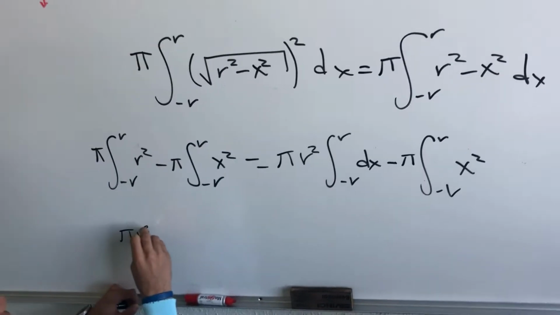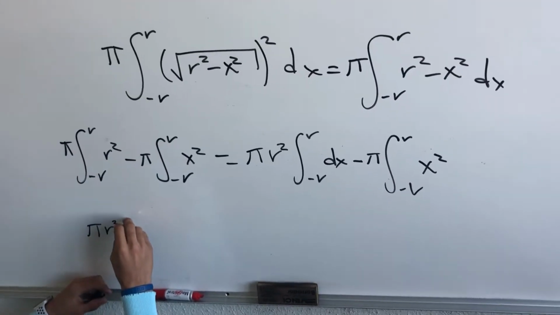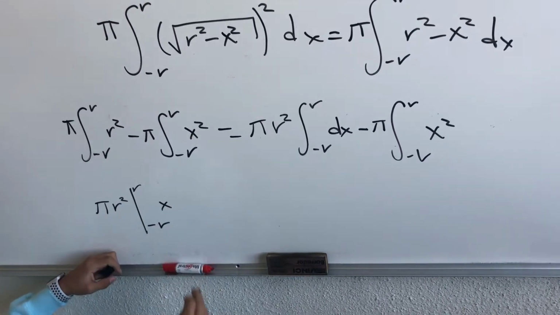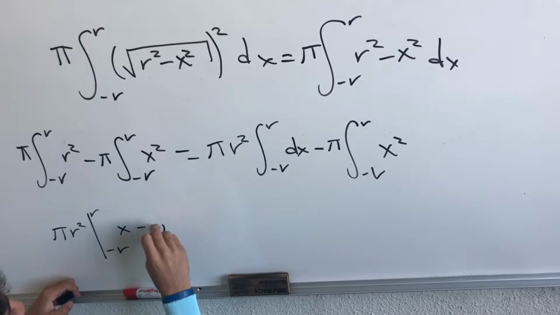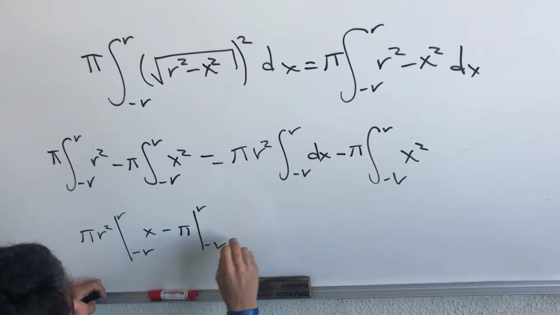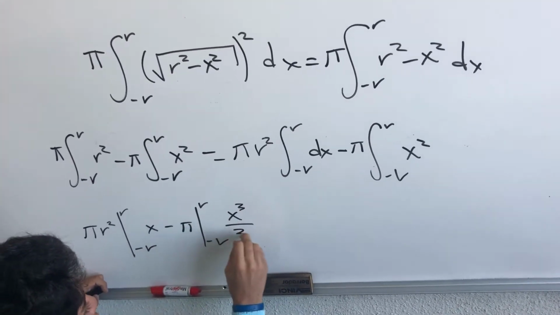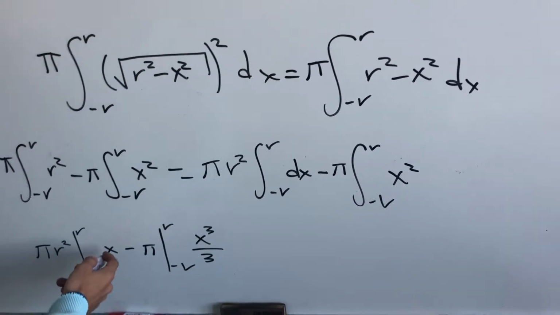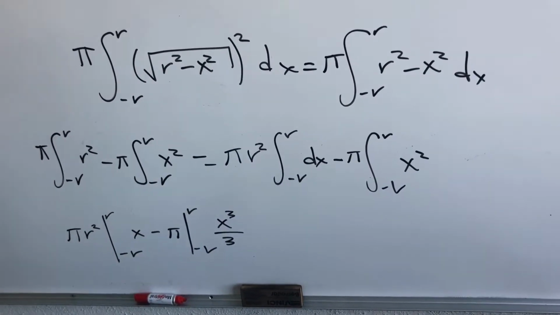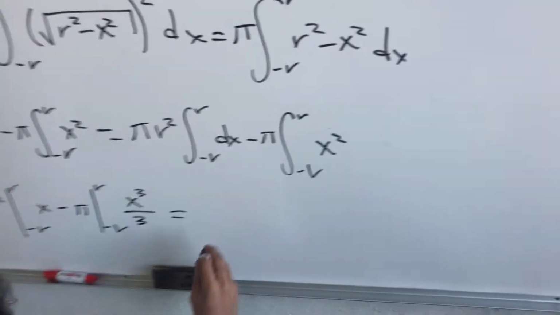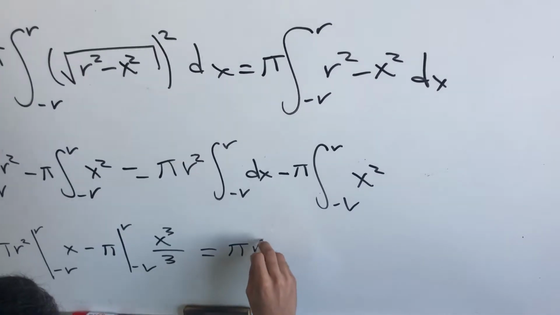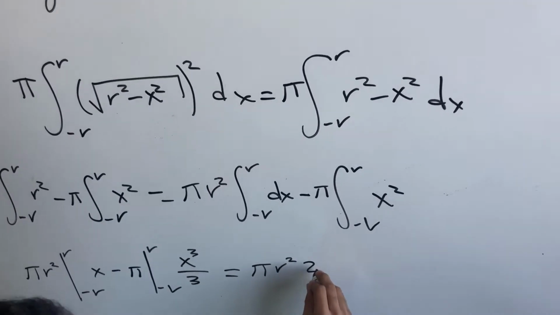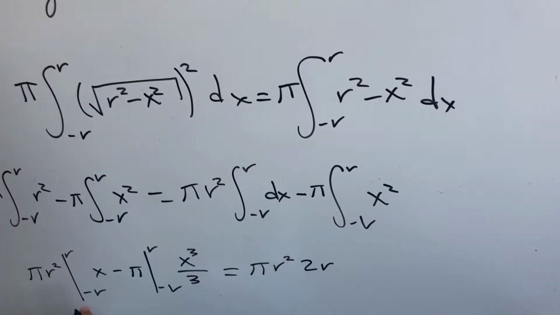So now we integrate this. The integral is gonna be x, and here it's gonna be x to the third over three. So now we substitute all the x with r, and we get the following. It would be 2r, right?